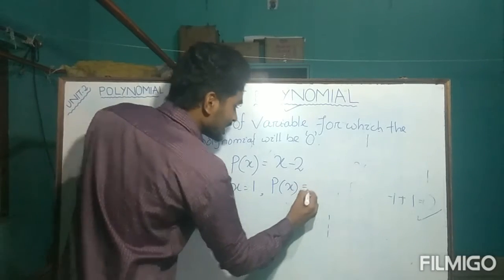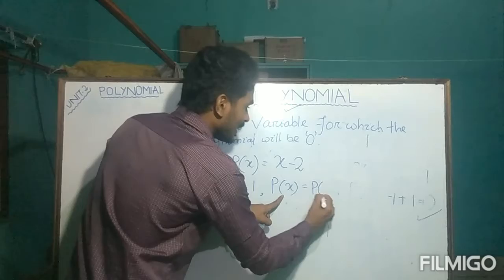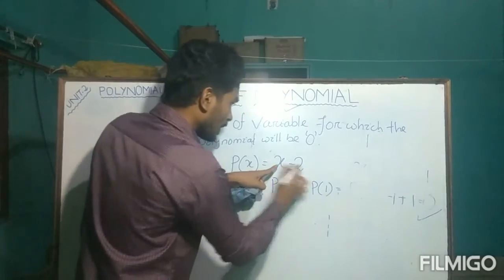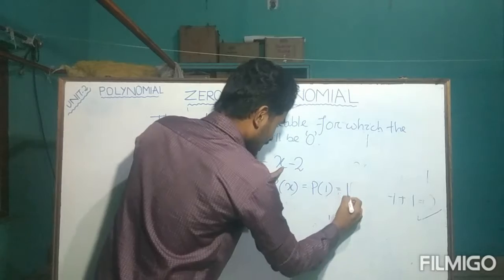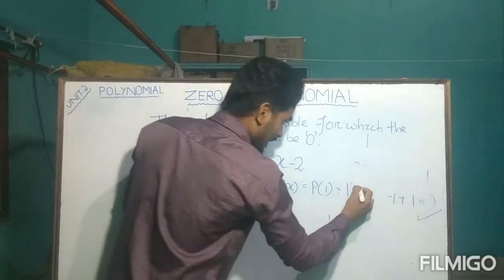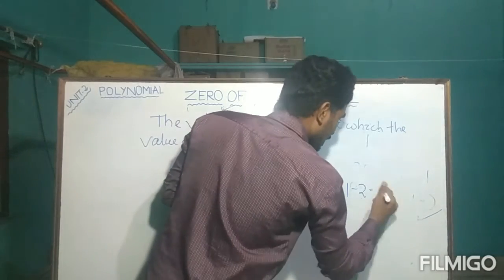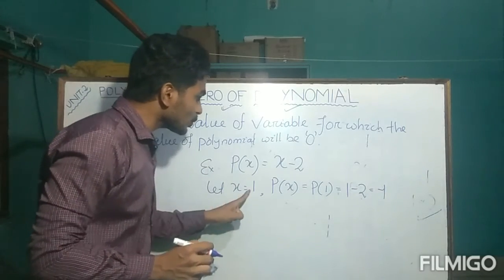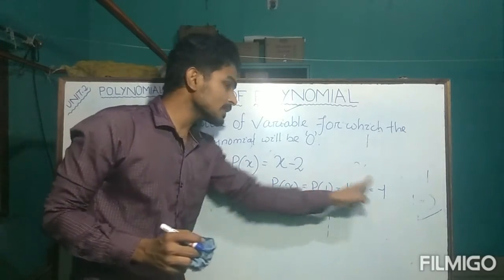We can write it as p of, in the place of x we can write 1. Since the polynomial is x minus 2, in the place of x we will put 1 minus 2. It will be how much? Minus 1. Clear? So after putting x is equal to 1, do you get the value of polynomial 0?